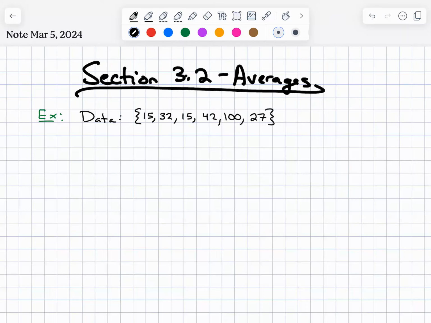So there's a thing that bugs me as a mathematician when I see people say the average, because there are actually three types of average. Number one, which is the most commonly used term for average, is the mean.